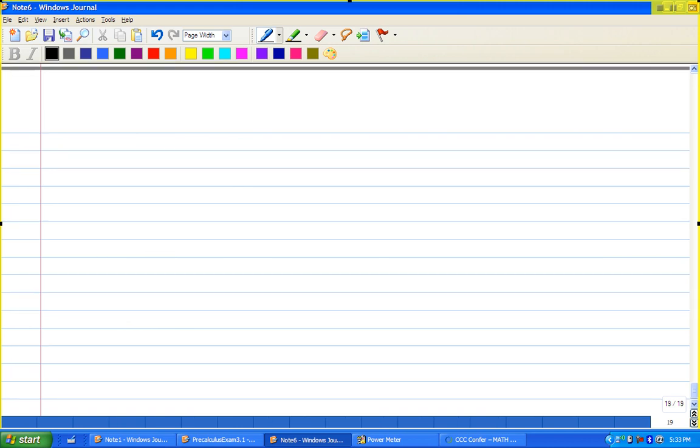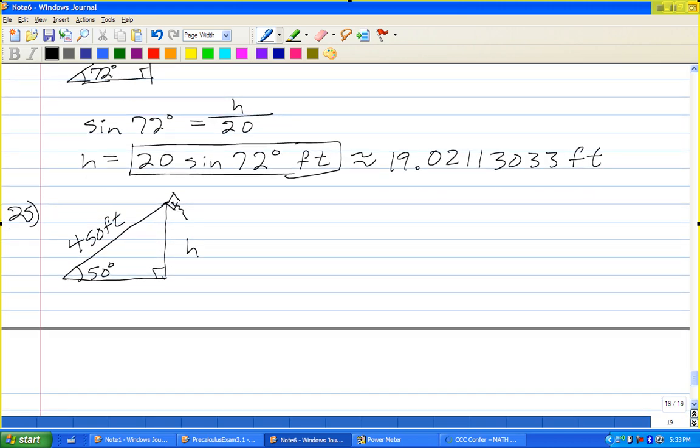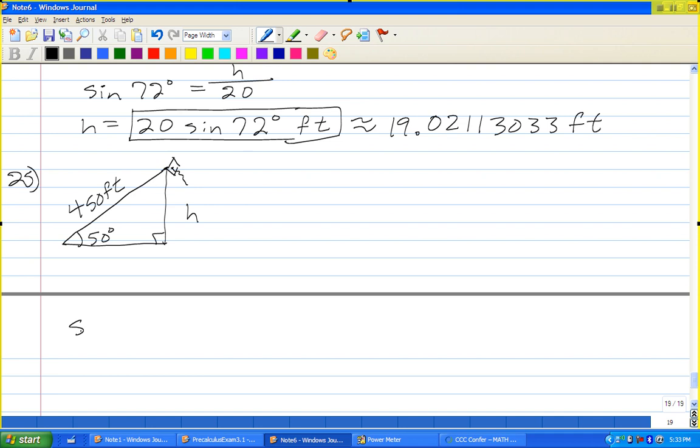Okay, so the sine is the opposite over the hypotenuse. And so the height is 450 sine of 50 degrees. And this is in feet.